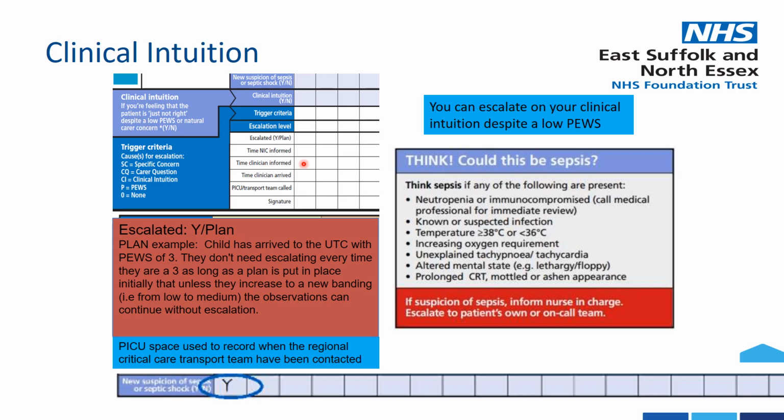And then you could also document when you've rung 999, and when the ambulance has arrived to collect the child. So all of that information you need to document. And then of course, they've given a space here on your paper chart for your signature, but that will coincide with your digital site.